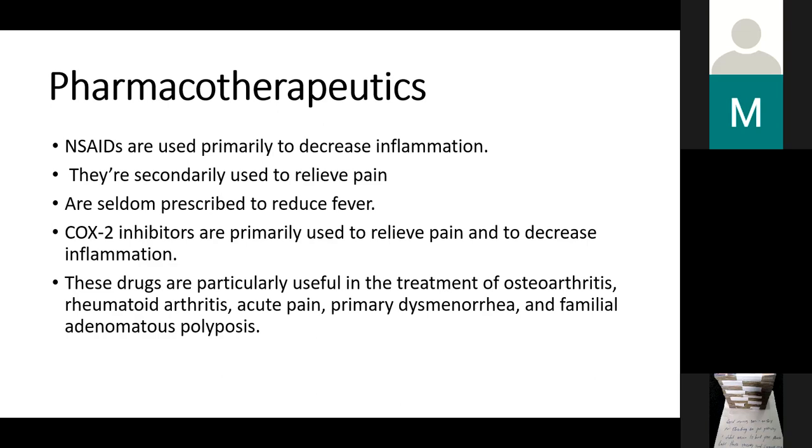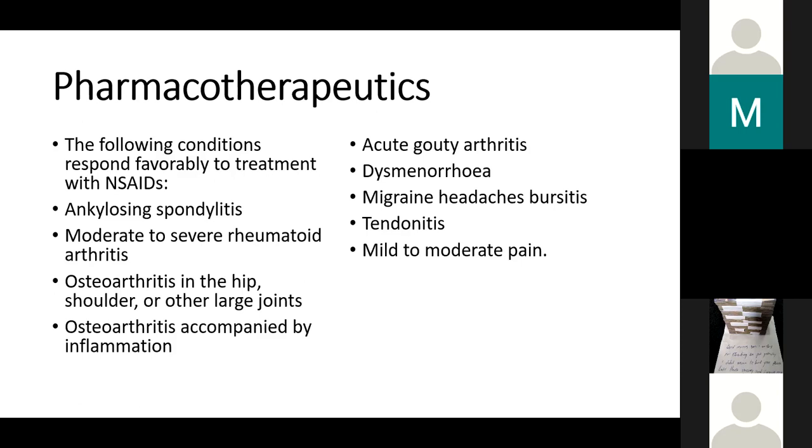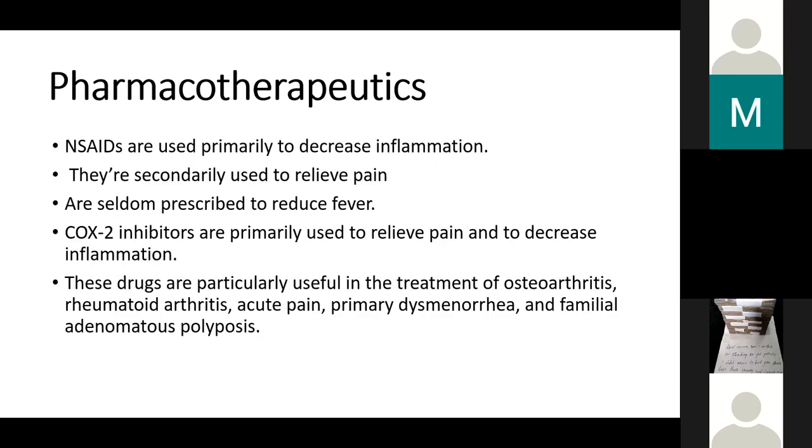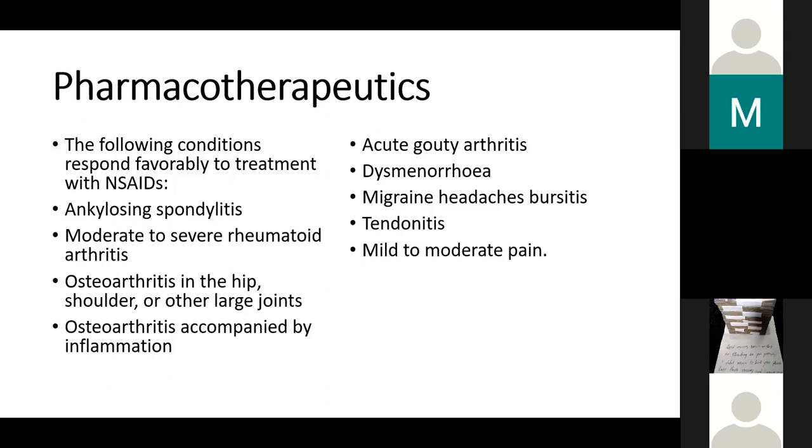So these drugs are mostly used to treat osteoarthritis, rheumatoid arthritis, dysmenorrhea, and acute pain. And then you have all these conditions: osteoarthritis of the shoulder, the hip joints, migraine, tendinitis, mild to moderate pain, gouty arthritis or gout.